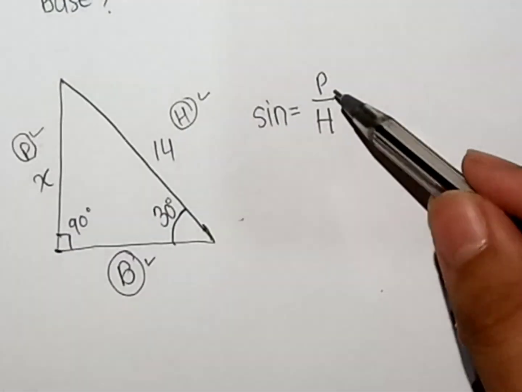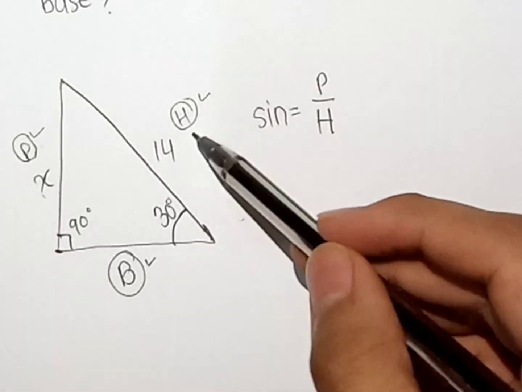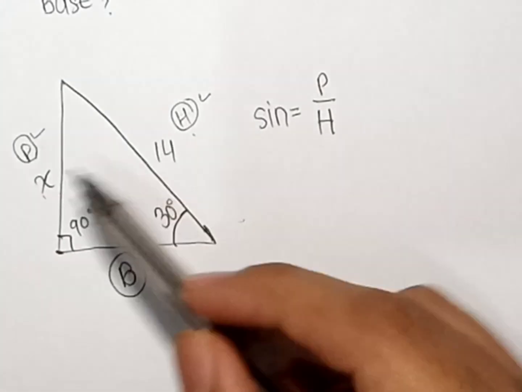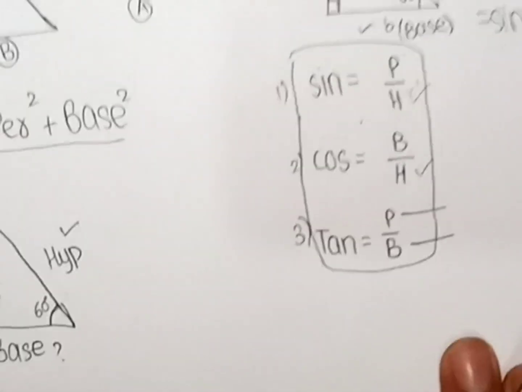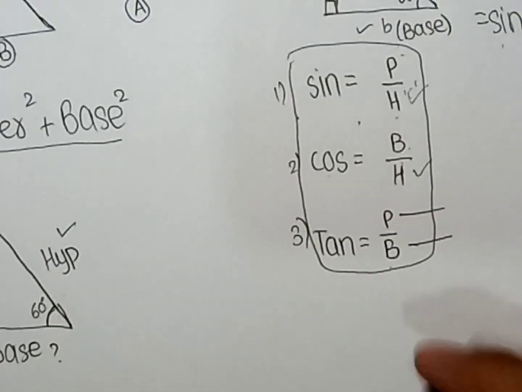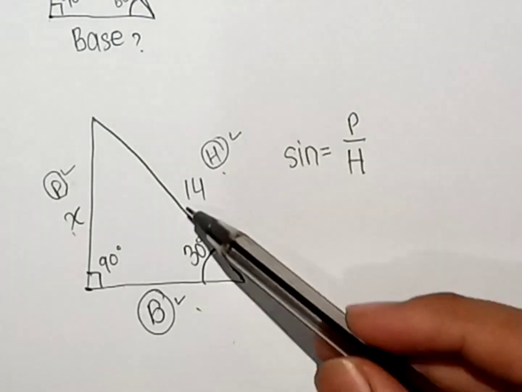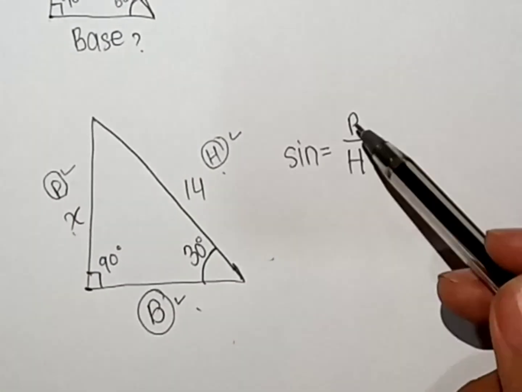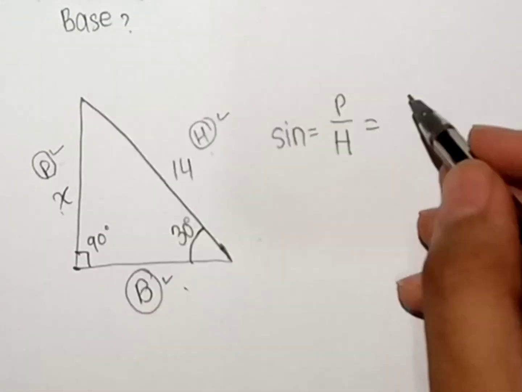They are asking us for the perpendicular, and they have given us the hypotenuse, but they have not given us the base. When they give us the base, we can apply the tangent rule, which is perpendicular upon base. But in this figure the base is not given, so we will apply the sine formula, and we'll put in the values.